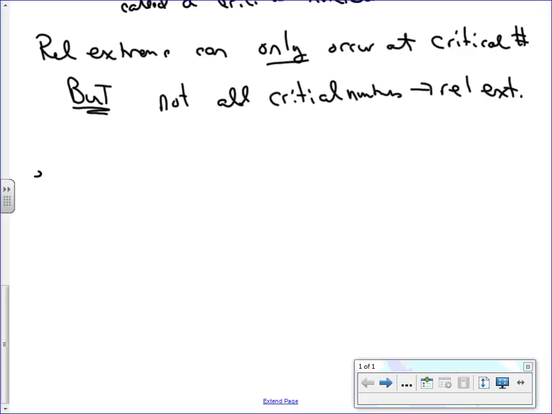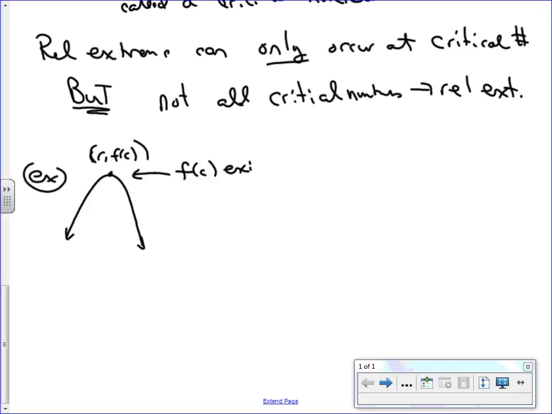Okay? So again, a graphic example. Nice little parabola right here. You'll notice that if this is C comma f of C, so right here, f of C exists. There's a point there. F prime of C equals 0. It's flat.